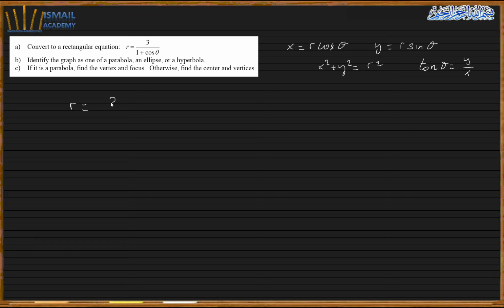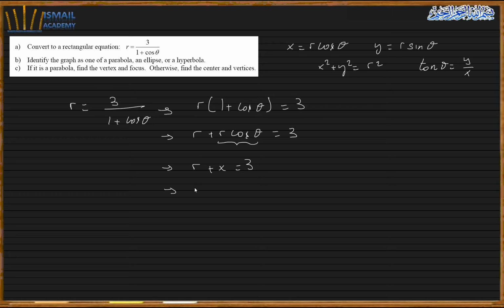So r equals 3 over 1 plus cosine theta, so multiply both sides by 1 plus cosine theta: r times 1 plus cos theta equals 3. So distribute the r: r plus r cos theta equals 3. Now I know that r cos theta is my x, so I'm going to substitute it by x, but I cannot keep the x and r on the same side, so I need to move the x to the other side. r equals 3 minus x.